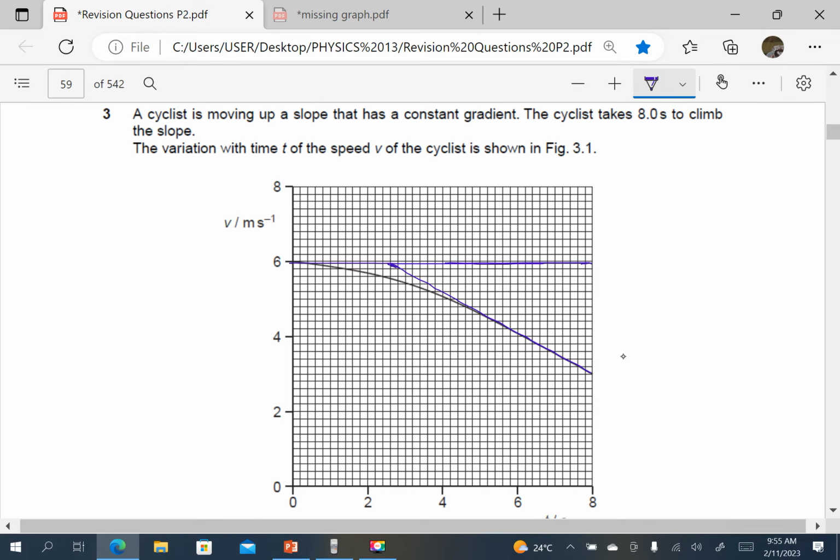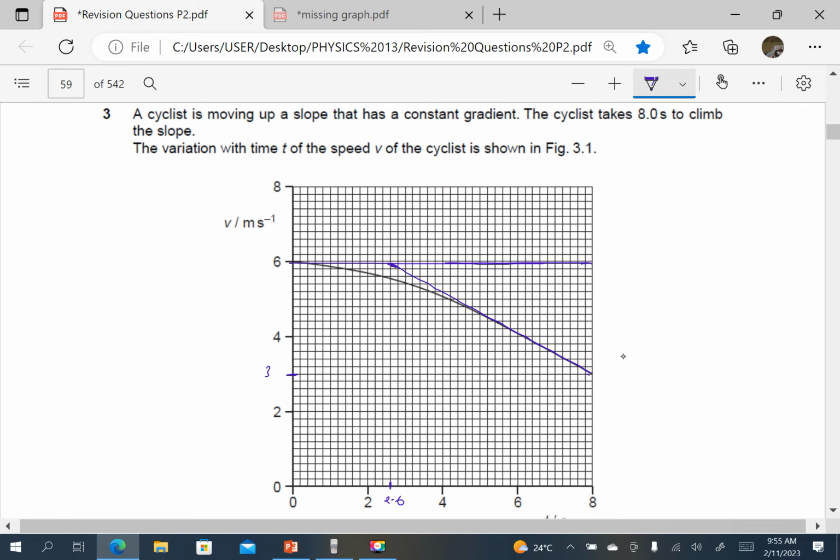I think that is 2.6, because the scale is 0.2, so that is 2.6 on the x-axis. Then here on the vertical I think this is 1, 2, 3, 4, 5. I think that is 3.